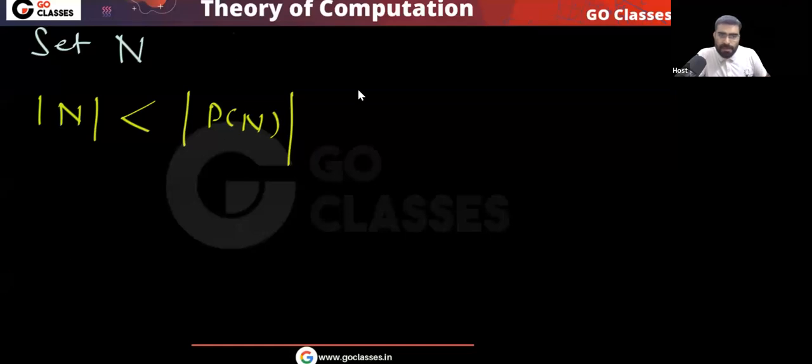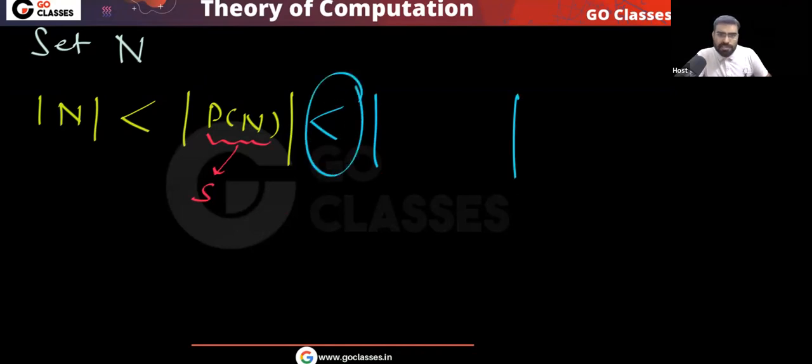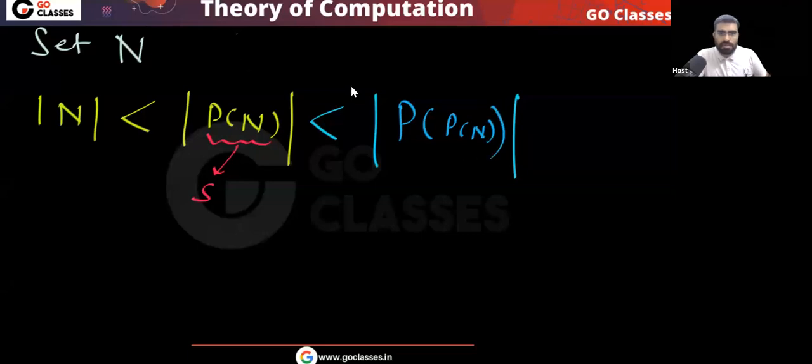Now let's call P(N) set S. Then the cardinality of S will be strictly less than the cardinality of the power set of S. Yes or no?